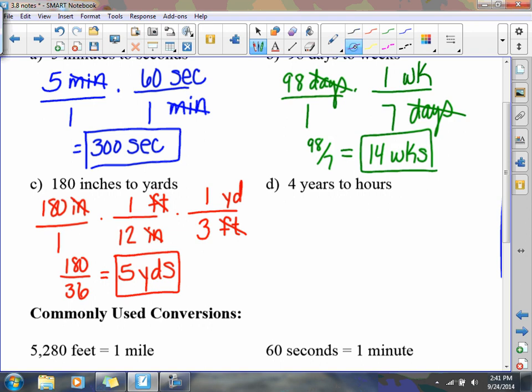And part D is another multiple step problem. We're going to change years to hours. And this one is a little more obvious. I really don't know how many hours are in 1 year. But I do know how many days are in a year, and I know how many hours are in a day.